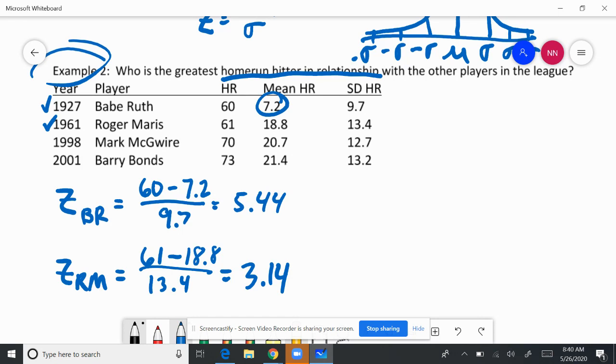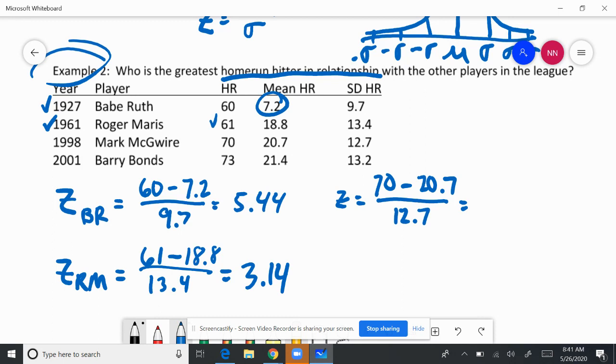So you can see that so far Babe Ruth is far above the mean compared to Roger Maris, even though Roger Maris hit more home runs. So let's look at the z-score of Mark McGwire. So we're going to take his home runs, which is 70. We're going to subtract the mean number of home runs at that year, and then we're going to divide it by the standard deviation of home runs that year.